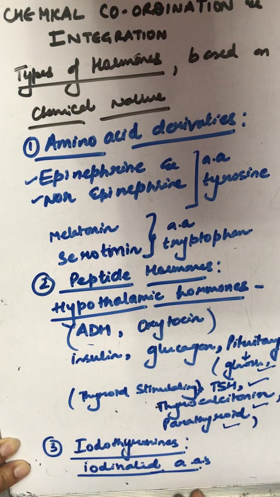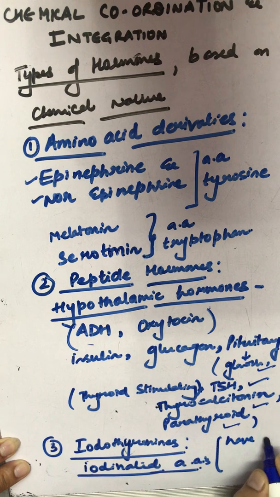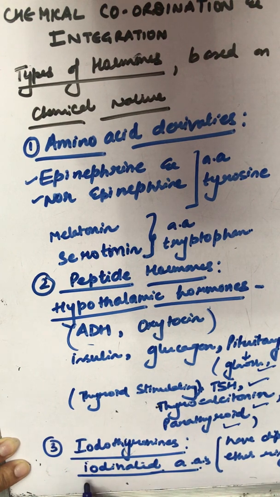Okay, these basically have a diphenyl ether ring system in the side chain. And as an example we write thyroxine, the longest and the best known of this group.